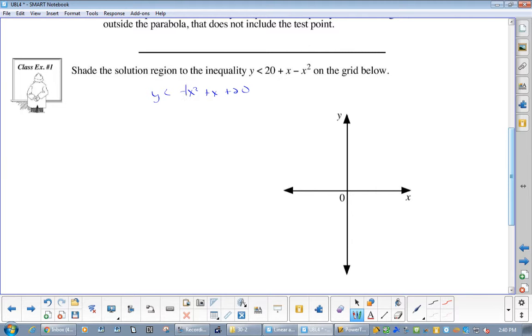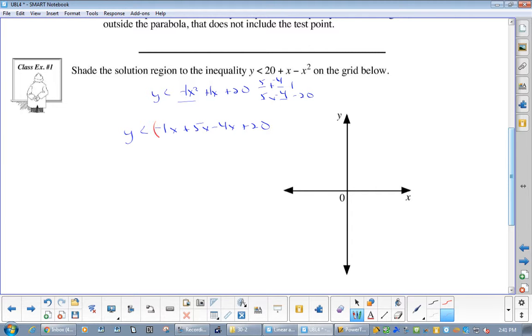Because there's a negative 1 here, we have to find what two things add to 1 and multiply to negative 20. What are they? Negative 5 and 4. 5 and negative 4. We can't just go x plus 5, x minus 4, because this is a type 2. So y is less than negative 1x squared plus 5x minus 4x plus 20. We have to do this the long way because a is not 1.